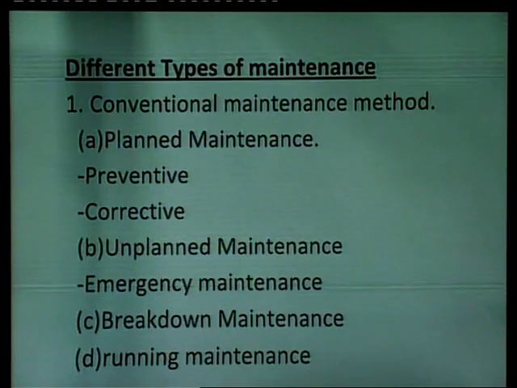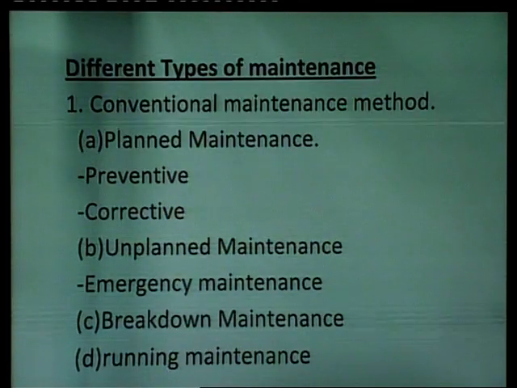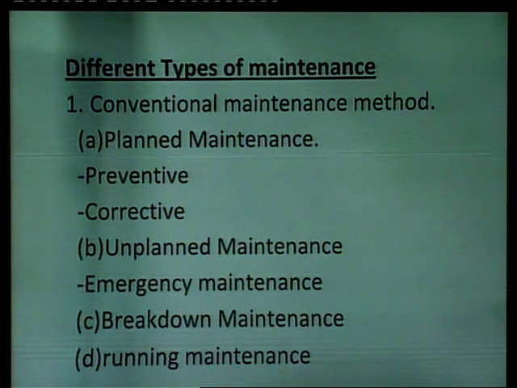Next one is different types of maintenance. Generally there are various types of maintenance, but basically these are divided into two main categories. First one is conventional maintenance and second one is unconventional maintenance.